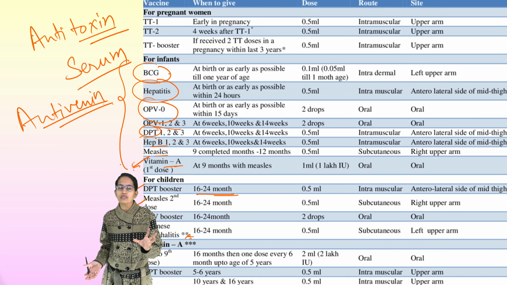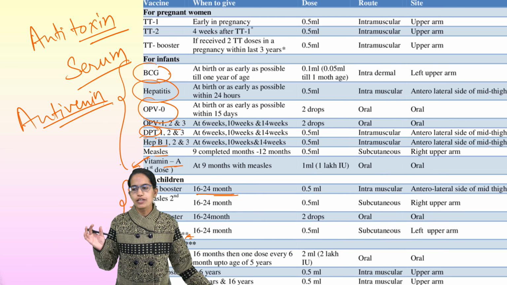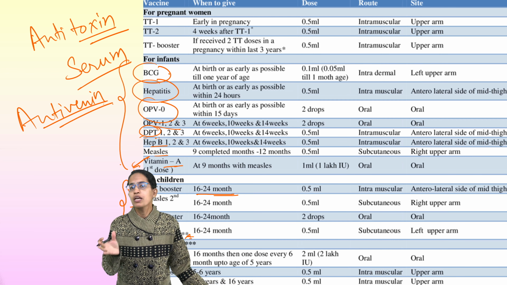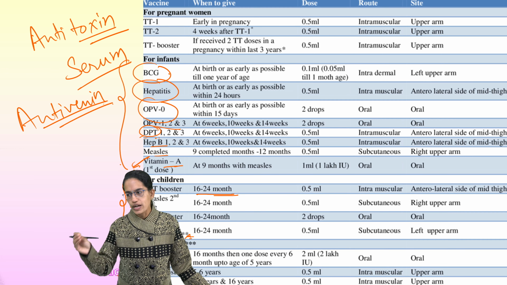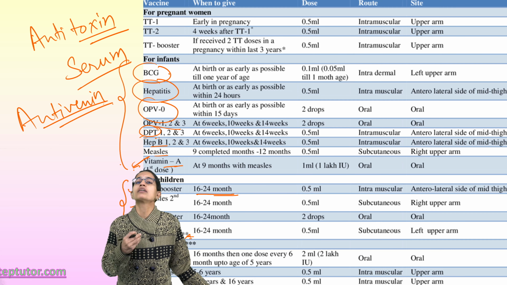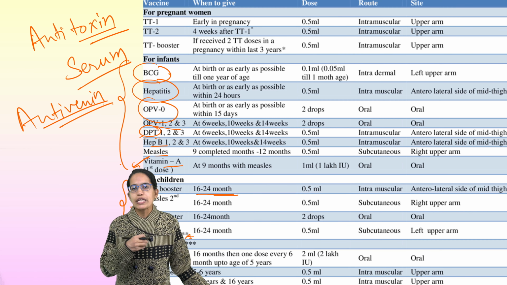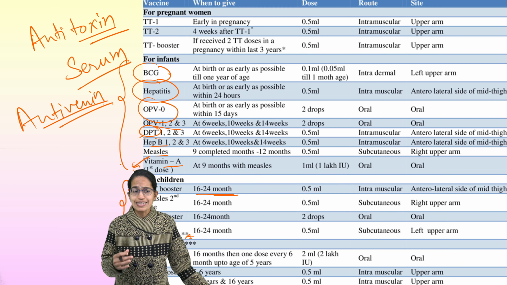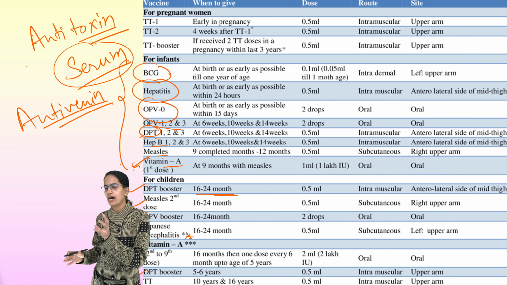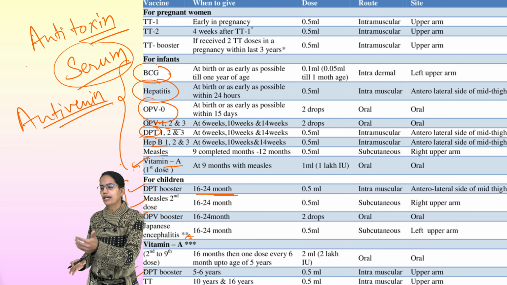So antitoxins have a specific property to neutralize the specific toxin for which they are made. Snake venom antidote, antivenoms, are one example. Others are tetanus, again made by similar methods, and diphtheria, again made by similar methods. The next is what is serum. Serum is the whitish yellow part of the blood which is left behind when RBC have been removed.